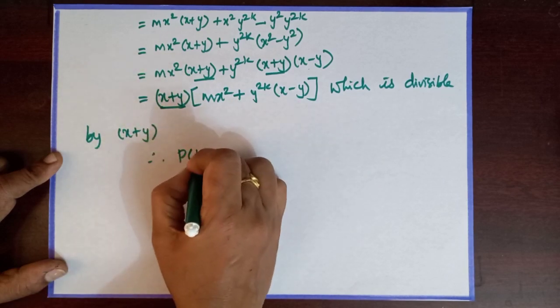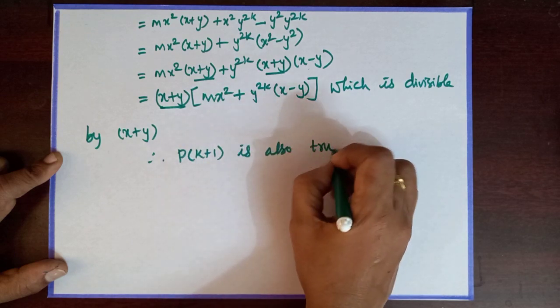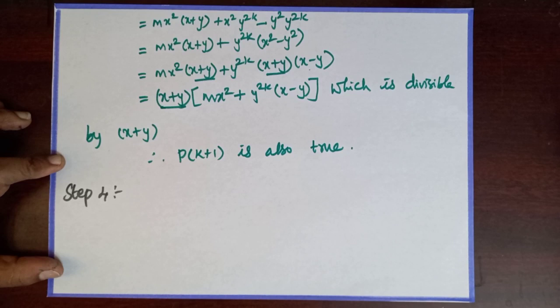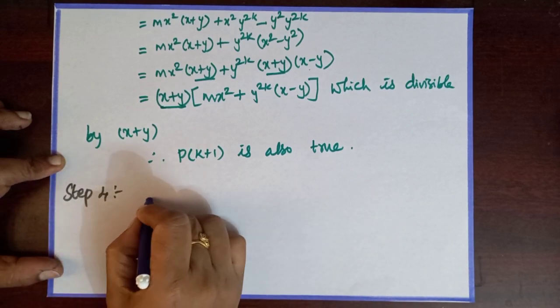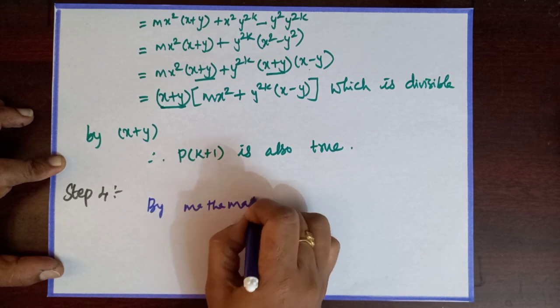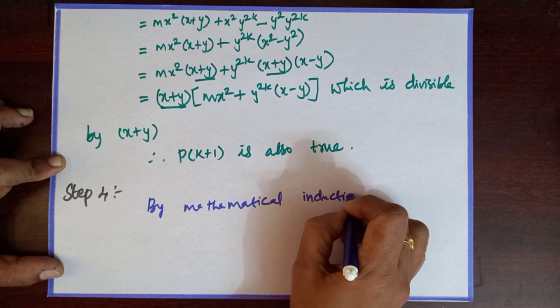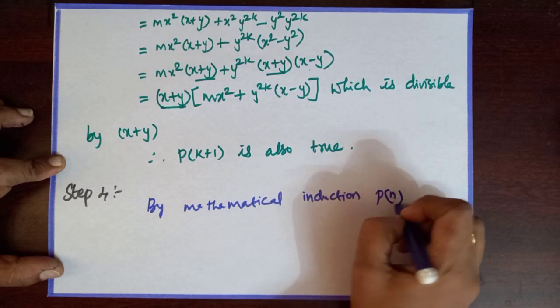Therefore, P of k plus 1 is also true. Step 4. By mathematical induction, P of n is true.